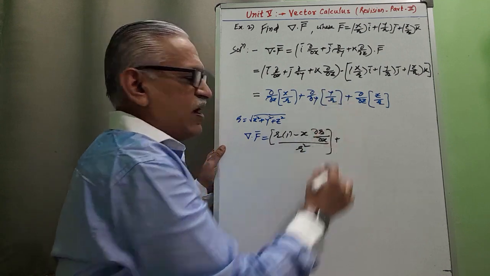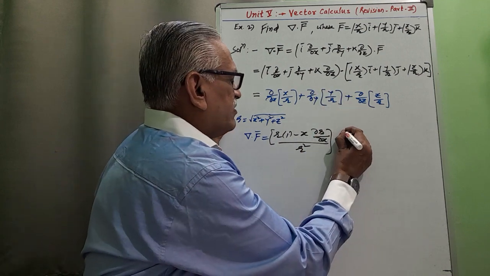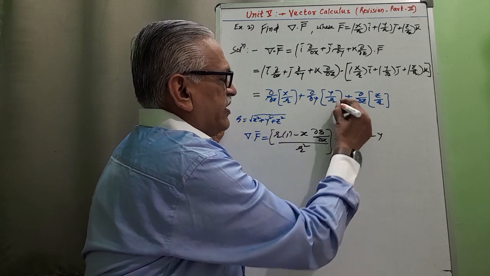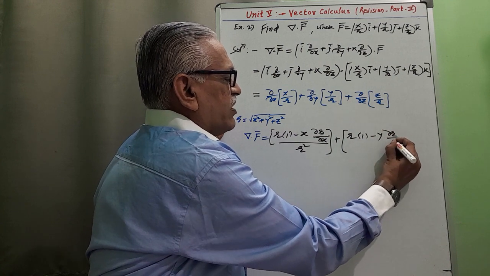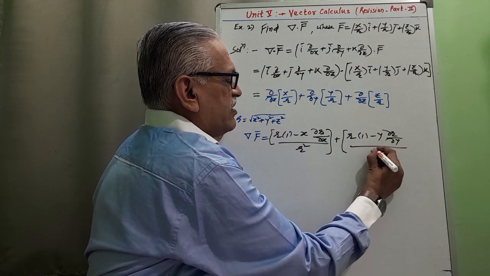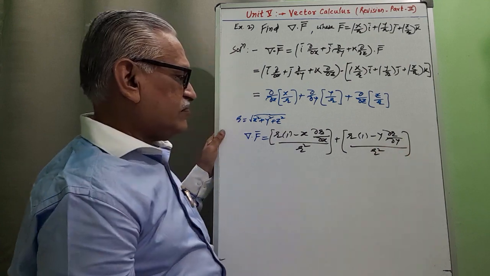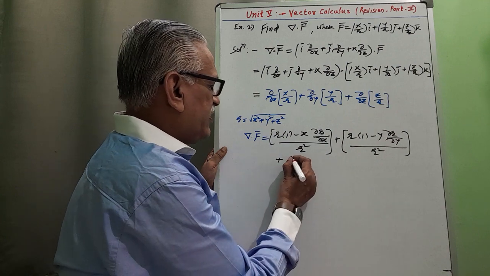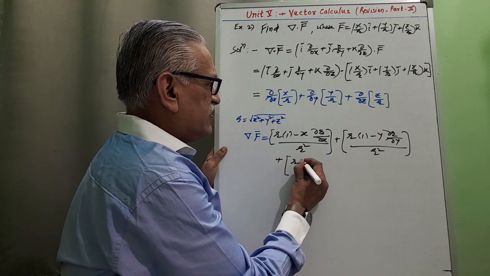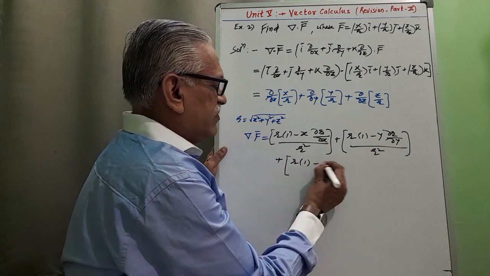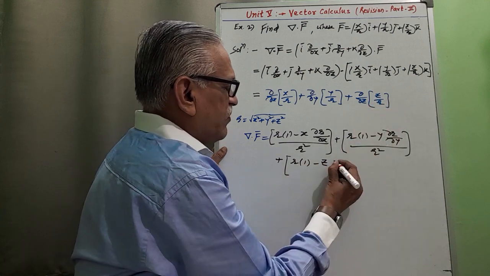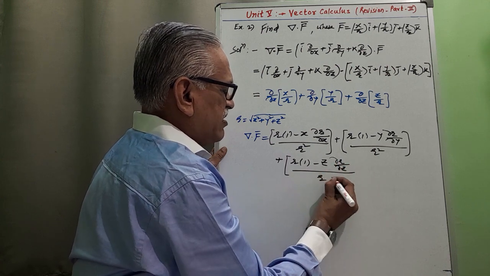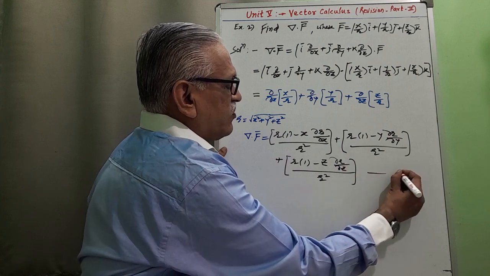Differentiating that y by r with respect to y, we get, again applying quotient rule, r, derivative of y is 1, minus y, and derivative of r with respect to y, ∂r/∂y, divided by r square, plus differentiating this term with respect to z, we get by quotient rule, r, derivative of z with respect to z is 1, minus z, and differentiation of r is ∂r/∂z, divided by r square, and we call this equation 1.